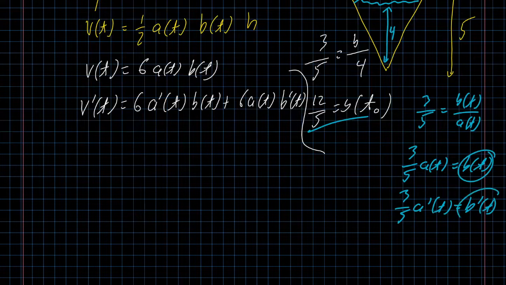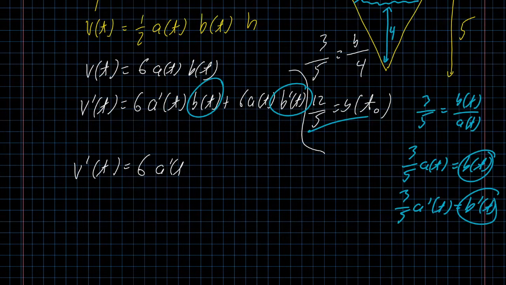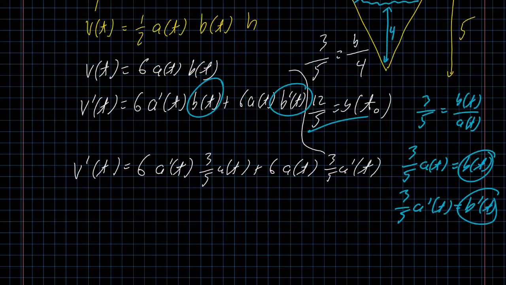So if I plug in b of t and b prime of t with those results, I can simplify and only have the rate that I know and the rate that I care about, and get rid of the extra b prime of t that I know is changing, but the problem doesn't ask for and doesn't give me.